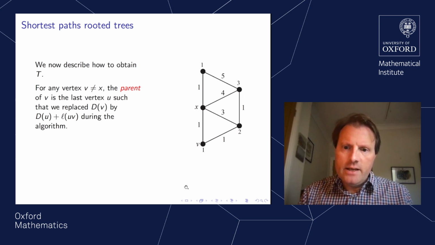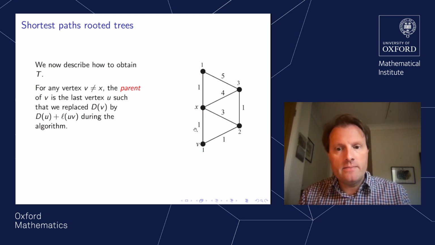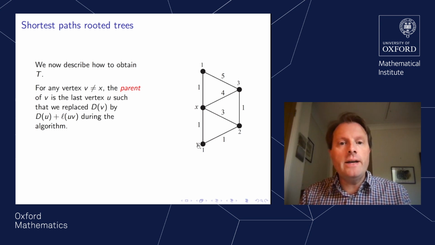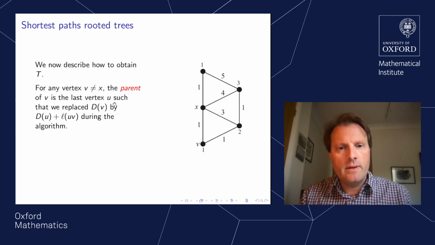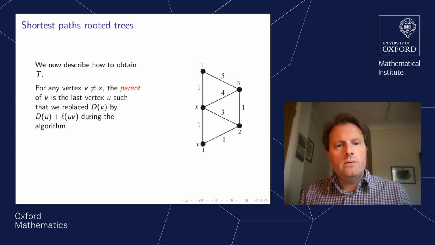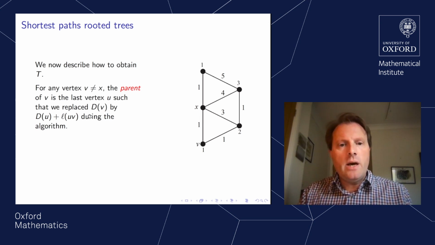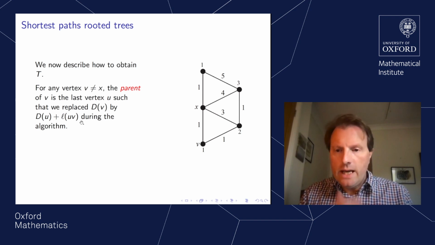So for each vertex v other than the base vertex x, we define its parent. The parent of our vertex v is the last vertex u with the property that we replaced d of v by d of u plus luv during the algorithm.